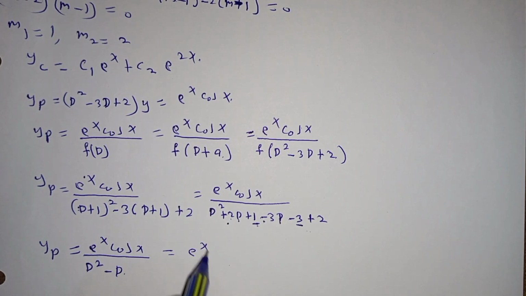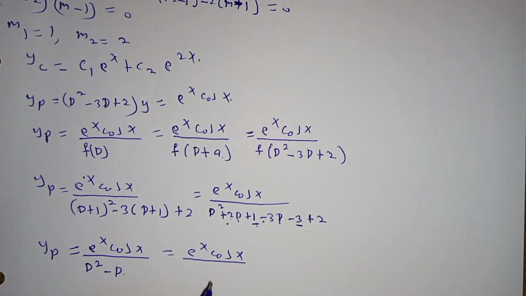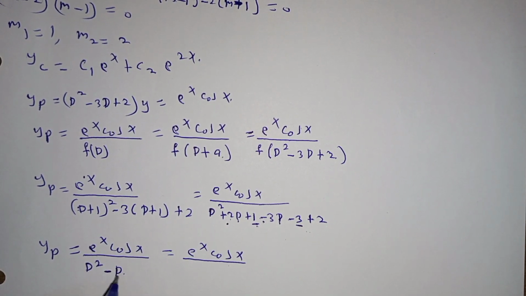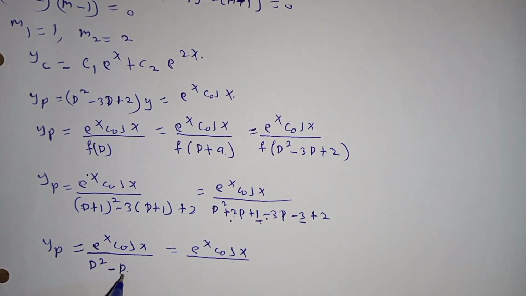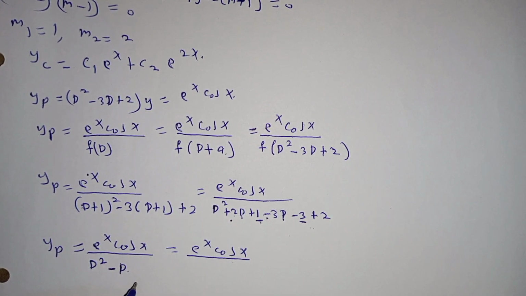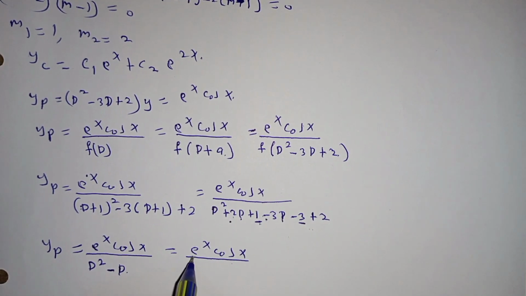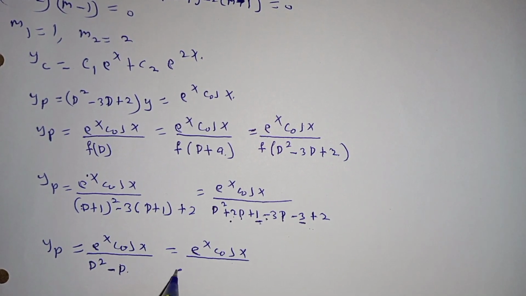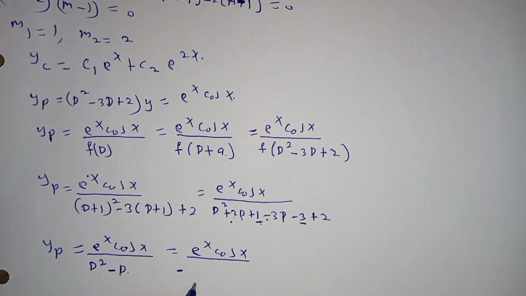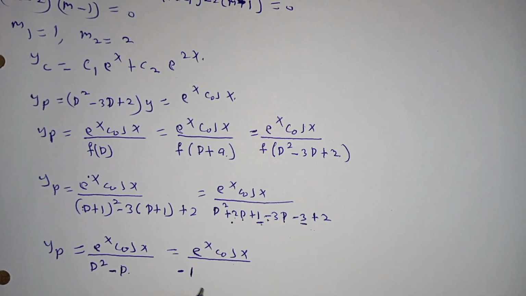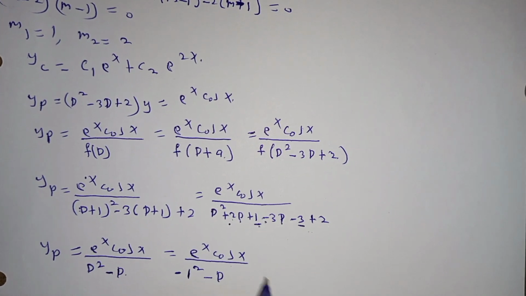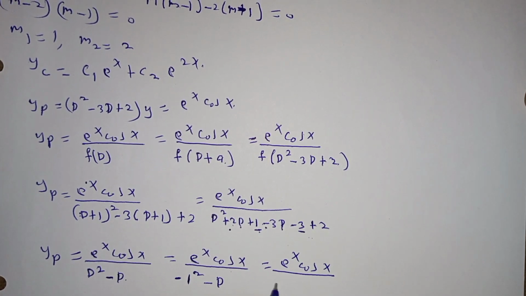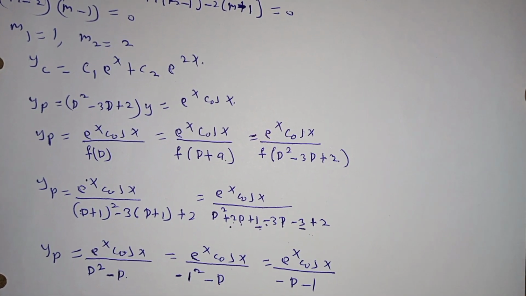So that is e^x cos x divided by d squared minus d. Where d squared we substitute it with negative 1 squared, minus d. This is equal to e^x cos x divided by minus d minus 1.